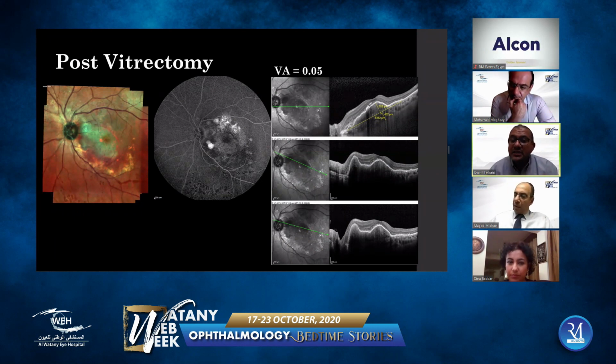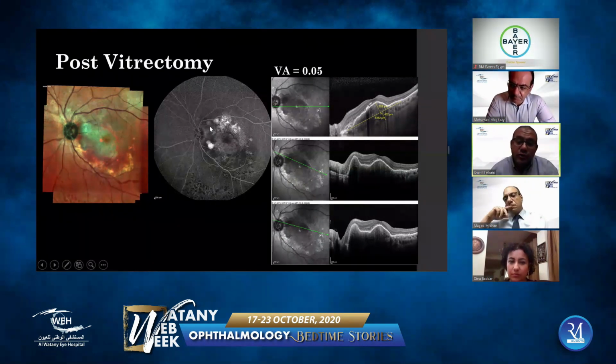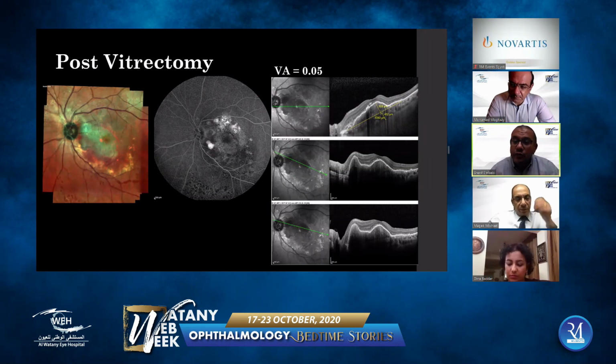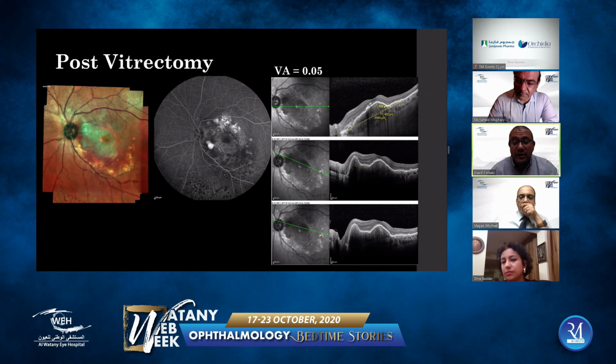But anyway, in this case, the main aim was to remove the vitreous hemorrhage and resolve this visually significant vitreous hemorrhage. Based on the previous OCTs and the previous fluorescein, it was mainly a pigment epithelial detachment. There was no subretinal hemorrhage. So there was no place for TPA in this case. And that was seen very well during the surgery as well. So there was no role for TPA.